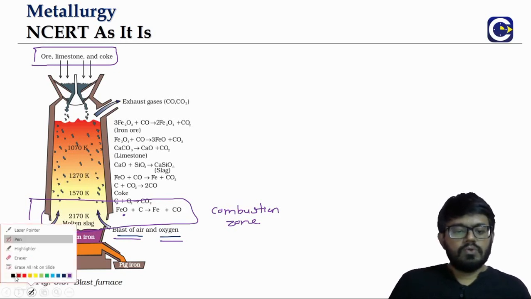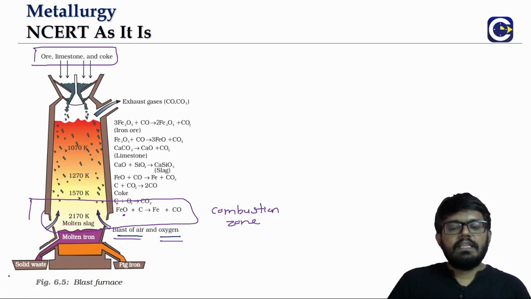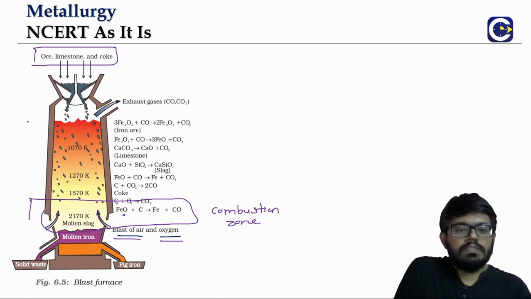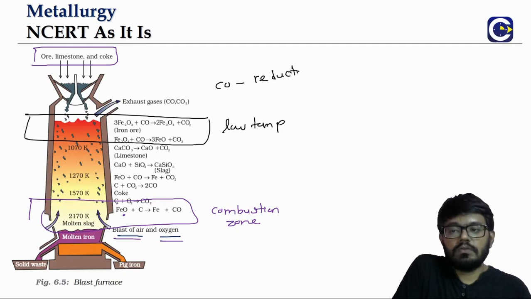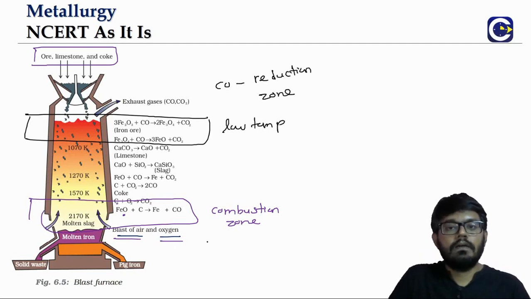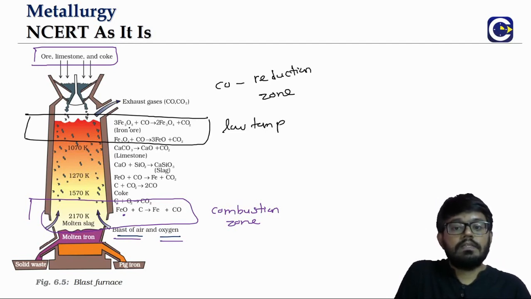Then the other 2 zones, we will divide them into the low temperature zone, which is at the top. This can also be called the carbon monoxide reduction zone, because there CO will act as a reducing agent, since low temperature means the CO will act as a reducing agent.